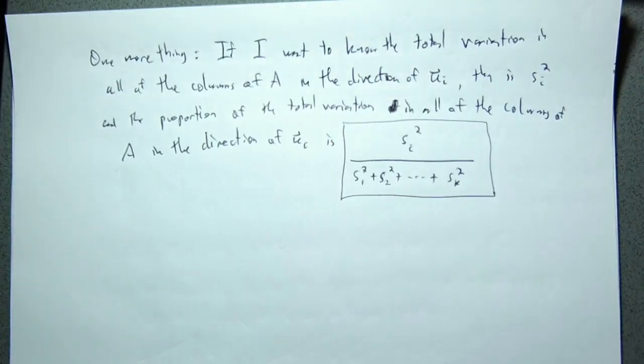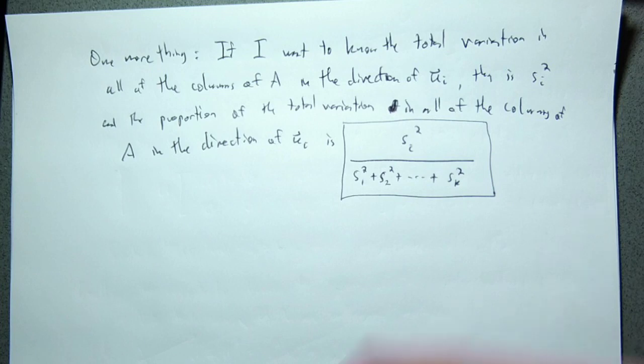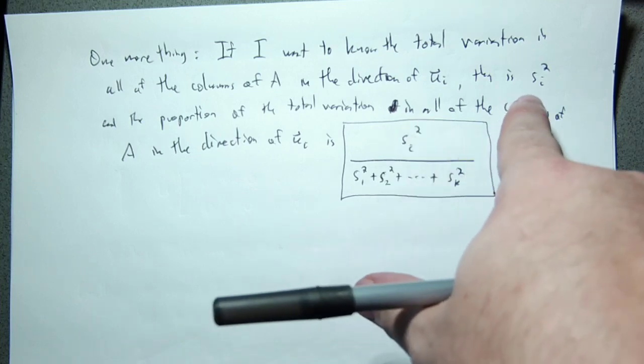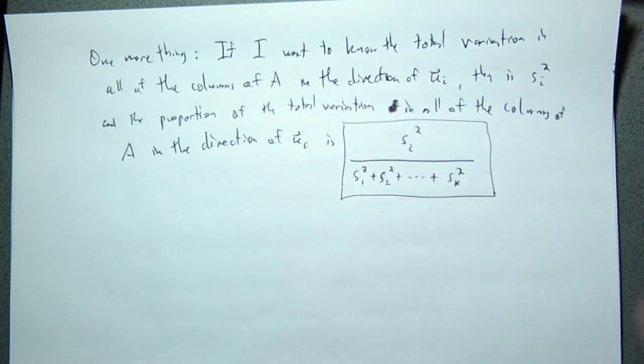So total variation in the direction of U sub i is S sub i squared, and its proportion as a fraction or ratio compared to the total variation of all the columns, which is just the sum of the squares of those things. So total variation in that direction divided by total variation, period.